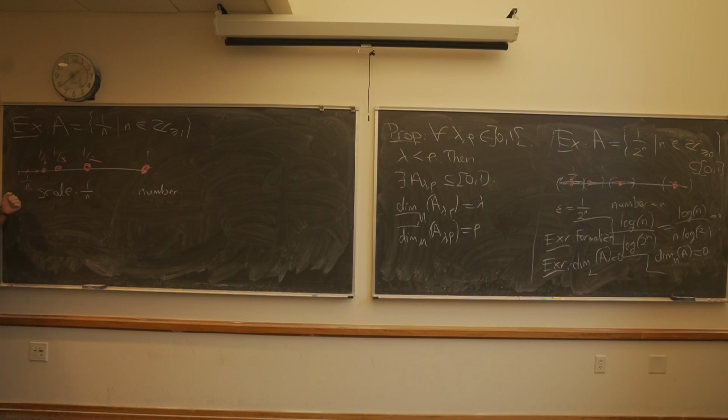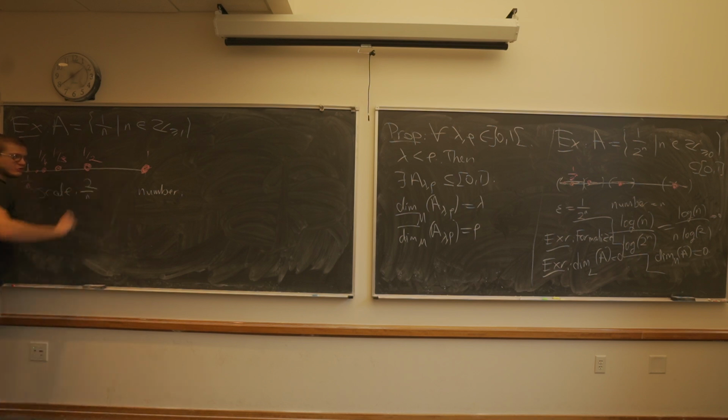If I were to take, maybe let's do 2 over n perhaps. Yeah. If I were to take the closed interval centered at 1 over n, whose diameter is 2 over n, that is to say, radius is 1 over n, I would cover everything to the left. Okay? Cover everything to the left.